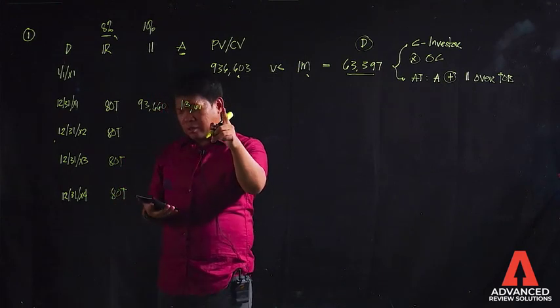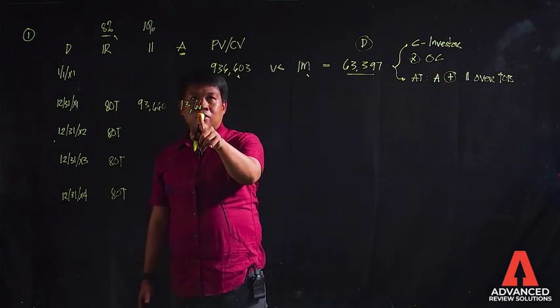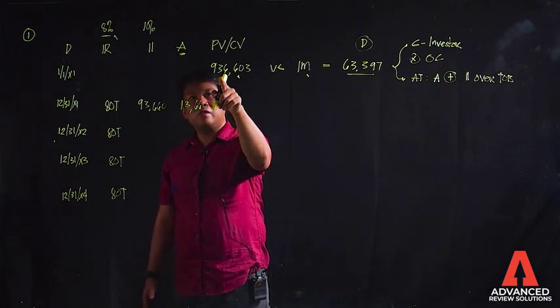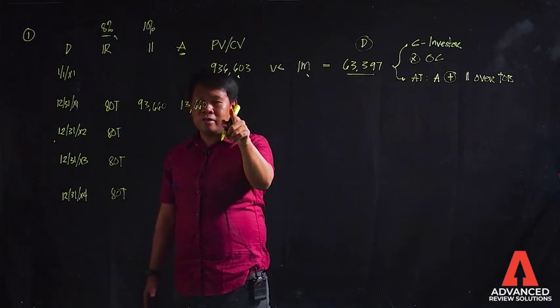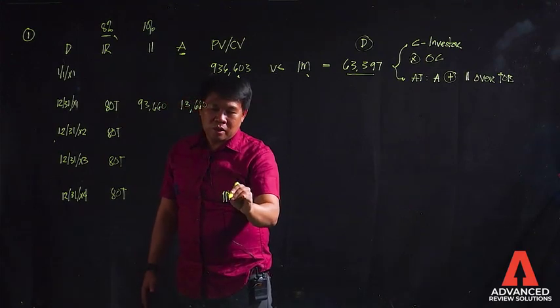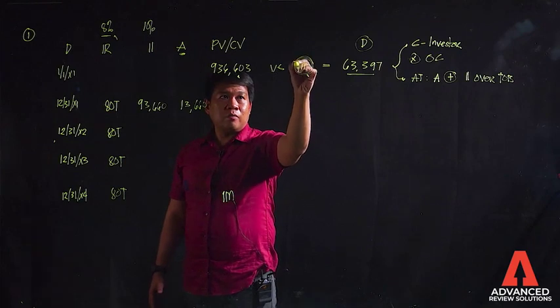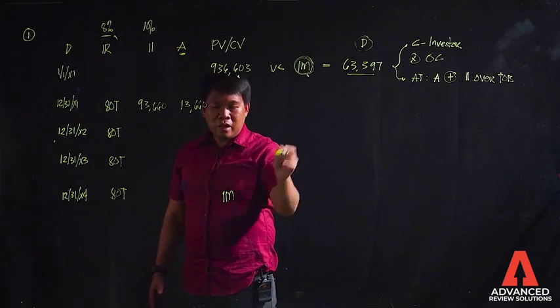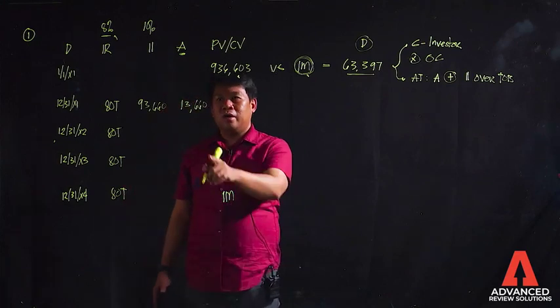What will you do with the 13,660? Would that be added or deducted to 936,603? Okay, that should be added. Because when you reach the end, this will be your 1 million. Because that is what was promised to you, the face amount in the bond indenture, that you will receive 1 million at the end of the maturity of the bonds.